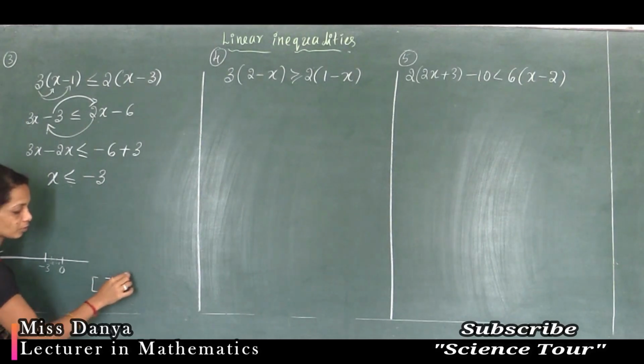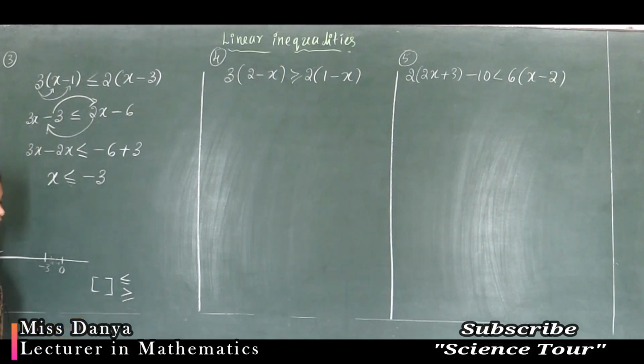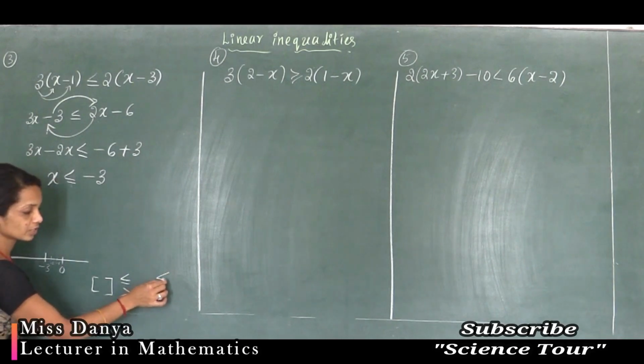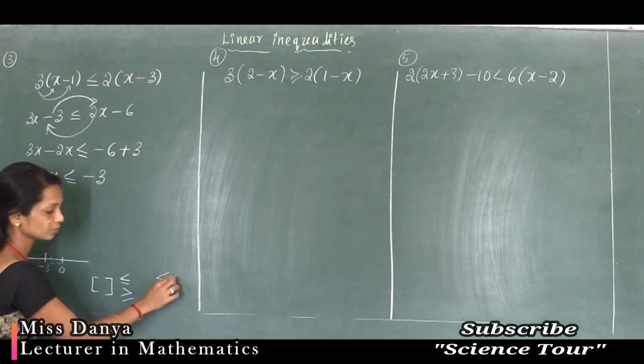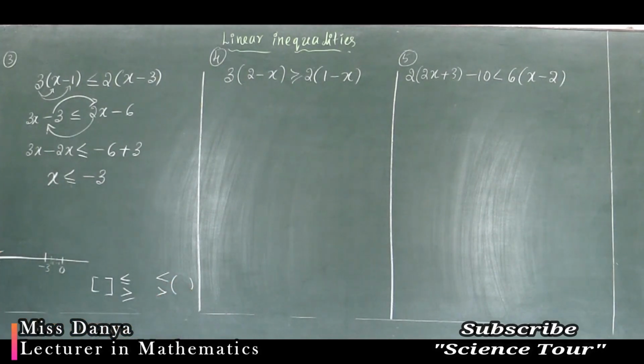Always keep in mind that for slack inequalities, less than or equal to or greater than or equal to, you have to use a closed bracket. And for strict inequality symbols, less than or greater than, you have to use a round bracket, that is an open bracket. Now you have a slack symbol, so you have to use a closed bracket on the minus 3 side. Here you have minus 3.